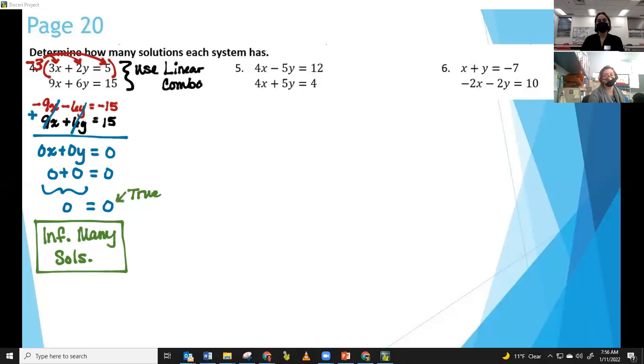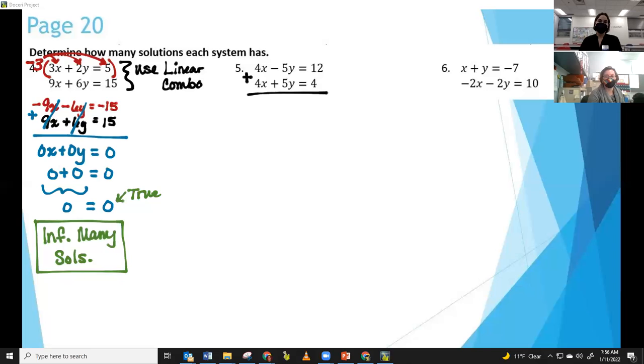Do I need to multiply to make something cancel? There's a thought. Do I need to multiply to make something cancel? No.